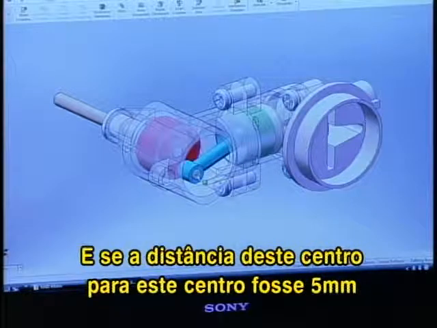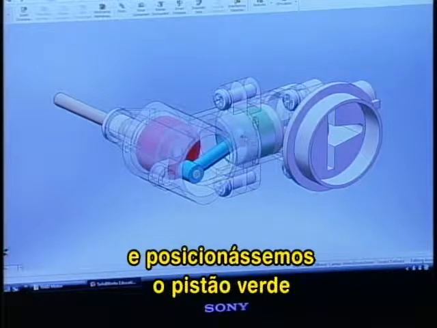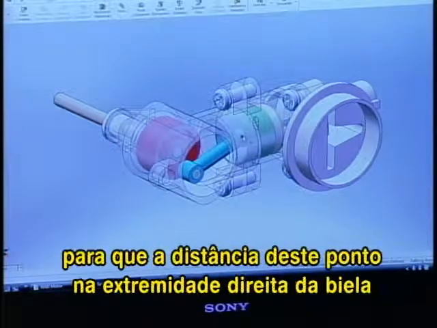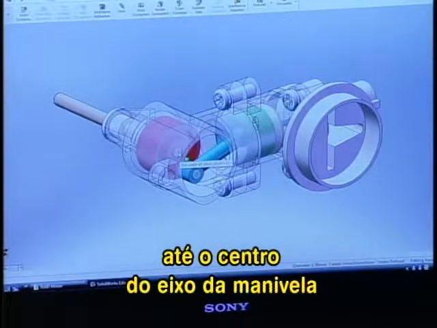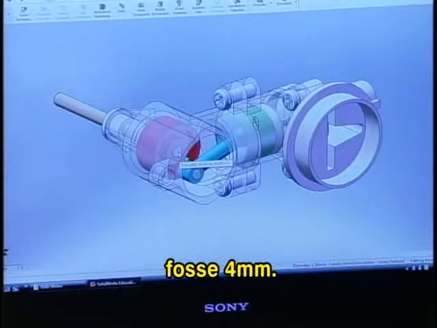What if the length of the connecting rod from this center to this center is 5 millimeters? And what if we also position the green piston so the distance from this point on the right end of the connecting rod to the center of the crankshaft is 4 millimeters?